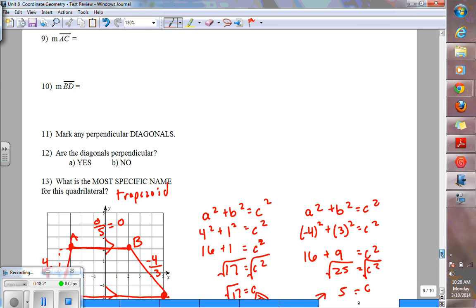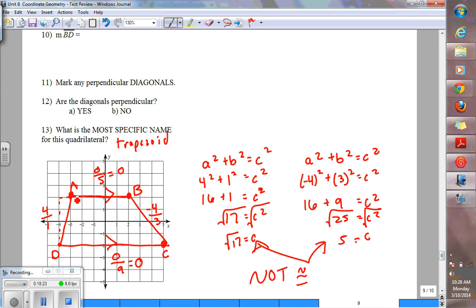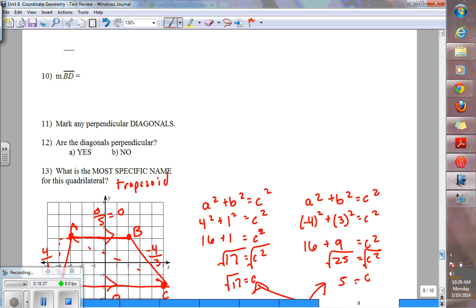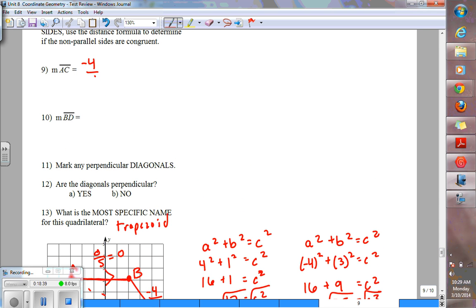Let's finish answering the questions though. With the slope of AC, I have to go down 1, 2, 3, 4. And right 1, 2, 3, 4, 5, 6, 7, 8. So negative 4 over positive 8 simplifies to negative 1 over 2.